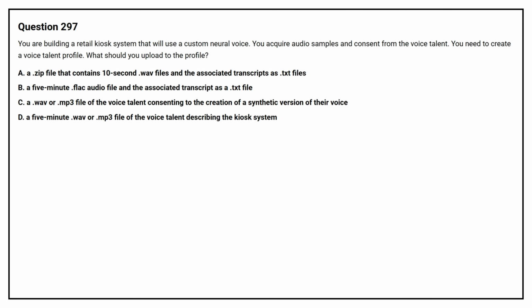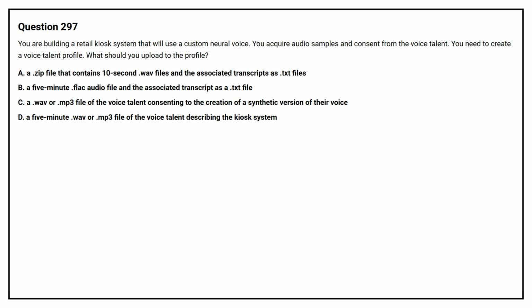Option A, a .zip file that contains 10-second .wav files and the associated transcript as .txt files. Option B, a 5-minute .flac audio file and the associated transcript as a .txt file.